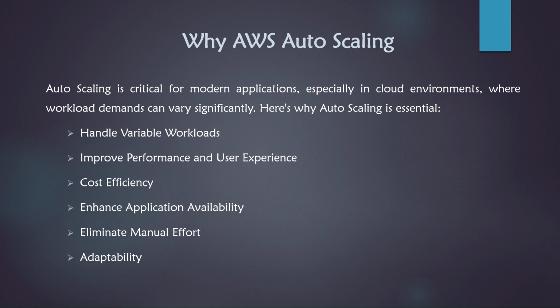So why auto scaling? Why we need auto scaling? It's critical for modern applications, especially in a cloud environment where workload demands can vary significantly. Here is why auto scaling is essential. The first thing is handle variable workloads.